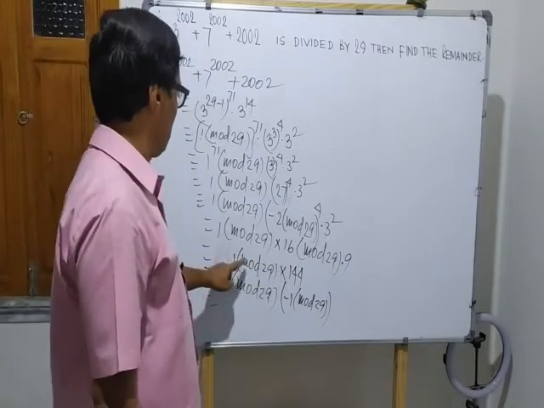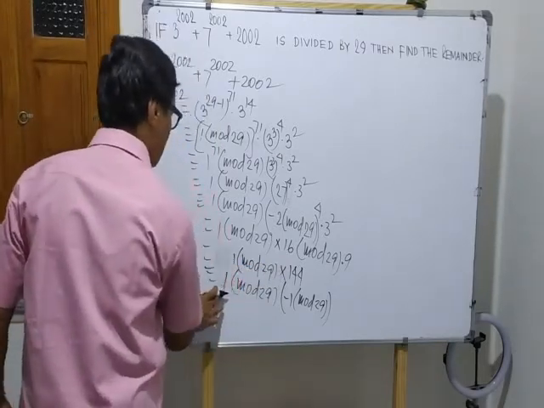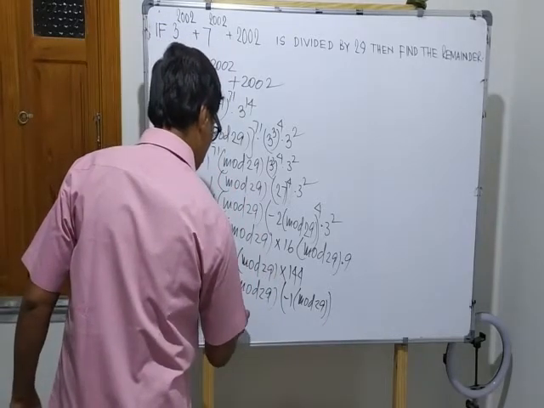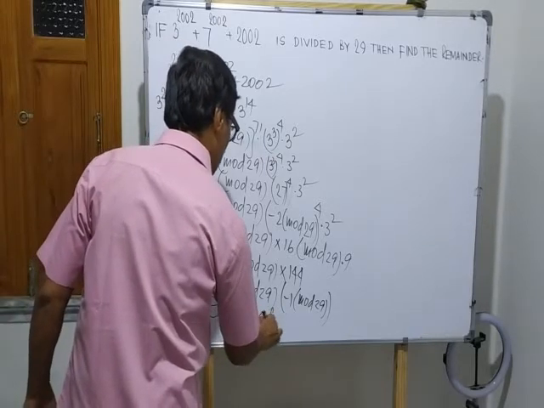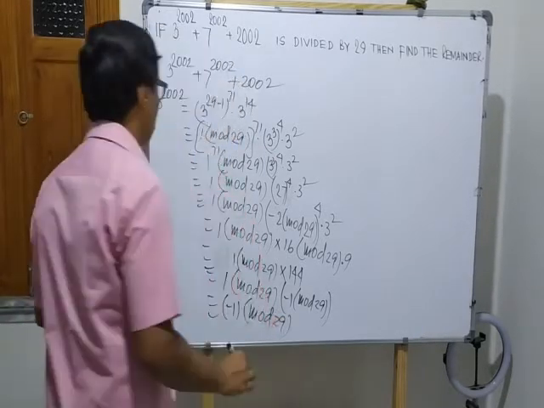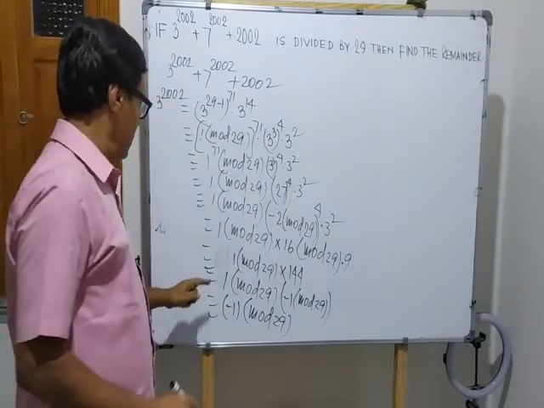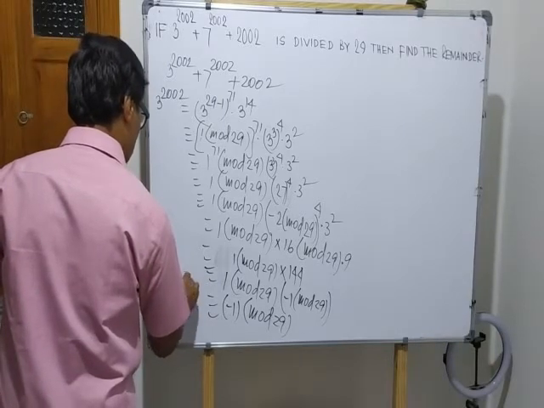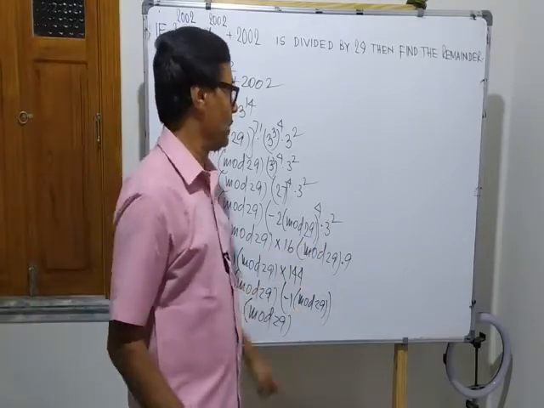So this is 1 modulo 29. That is equal to minus 1 modulo 29. So we have got 3 to the power 2002 is congruent to minus 1 modulo 29.